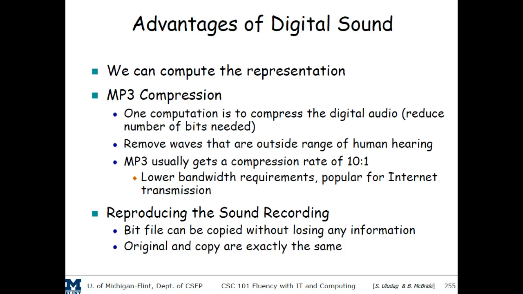The compression generally allows the raw sound file to be compressed to a ratio of about 10 to 1. This allows a sound file, say, of 1 megabyte to be compressed down to 100 kilobytes, which is a drastic improvement in the amount of time that it takes to download over the public internet.